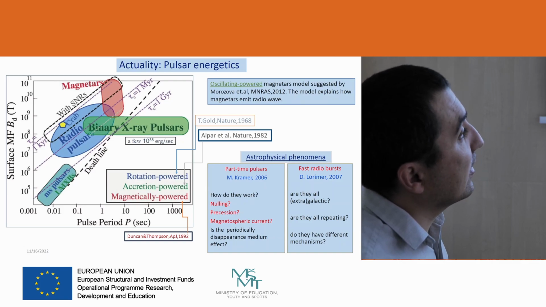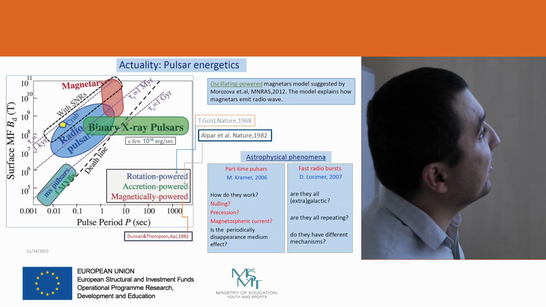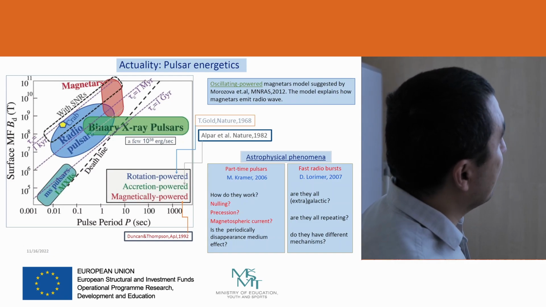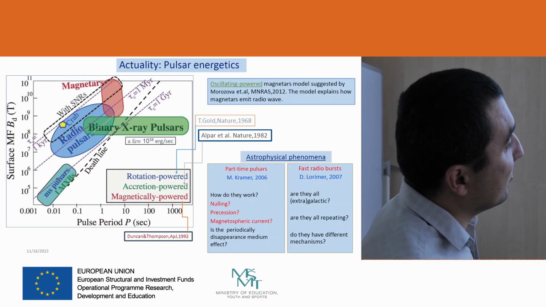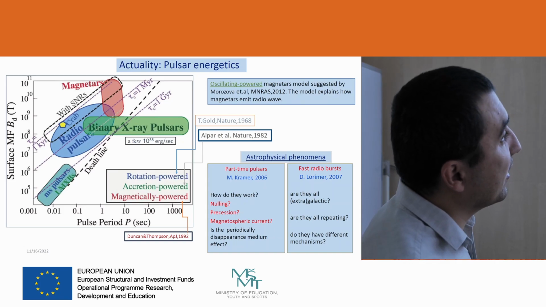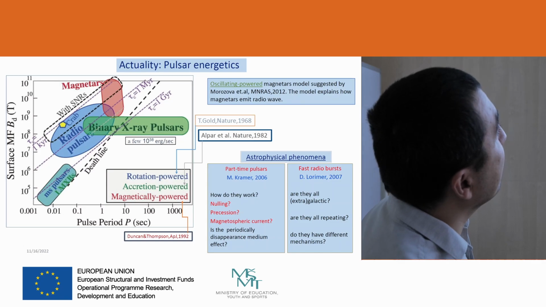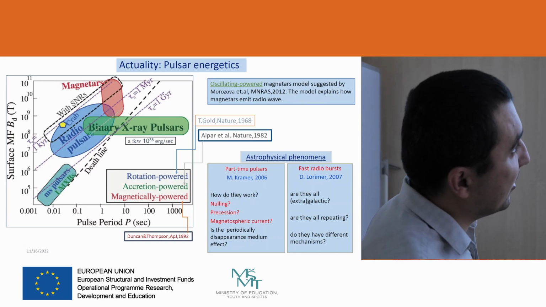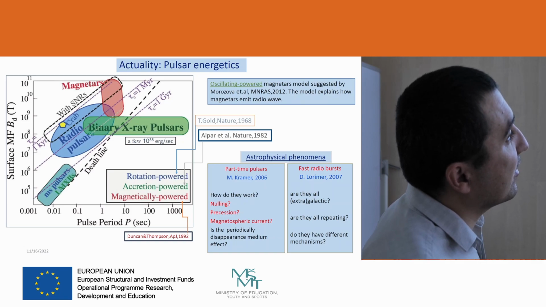And what is the main goal of this? There are some questions that this model can explain: the pulsar can explain the fast radio burst phenomena and the part-time pulsar phenomena. We can discuss later the mechanism of originating these astrophysical phenomena.